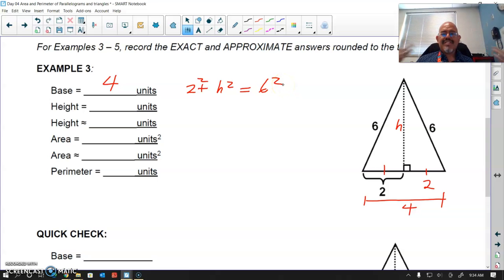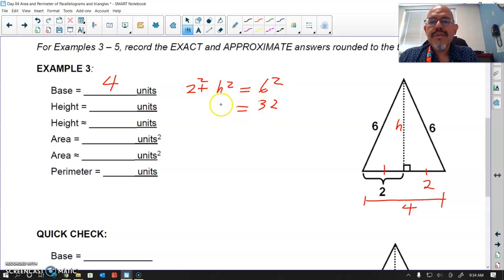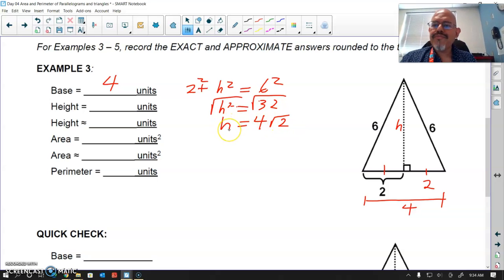They want us to do this exact. I don't know why, but I'll do it this time. I'm going to take 6 squared and subtract 2 squared from it. That leaves me with 32. I'm going to take the square root of both sides. That gives me 16 times 2, so it's going to be 4 square root 2 equal to h.